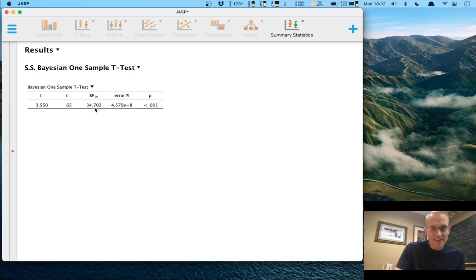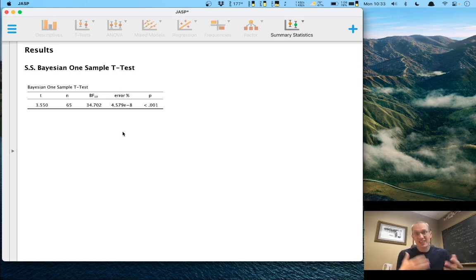It's 34.7-ish, so it tells us that the observed data are 34.7 times more likely under H1, the alternative, than under H0. You'll notice an error percentage. What is that about? Well, remember, this uses the Rouder version of the Bayes factor, which requires you to perform an integral.